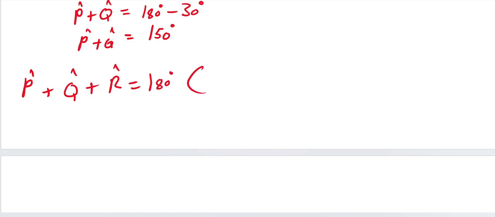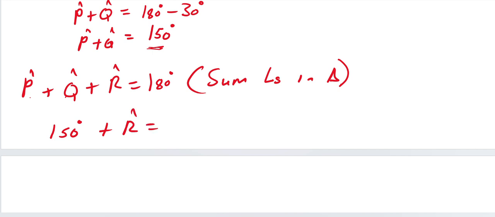You can write the reason, the sum of angles in a triangle, so that they know that you know mathematics. P plus Q, we know that it is 150. So we say 150 degrees plus angle R is equal to 180 degrees.